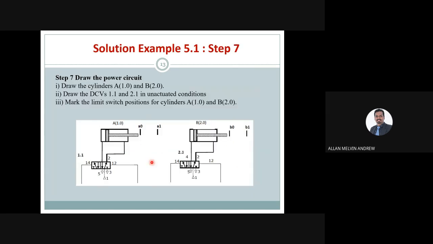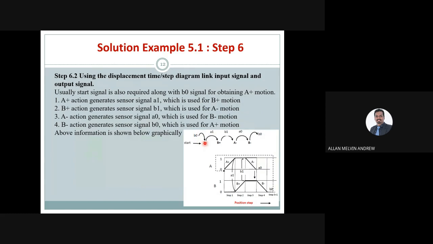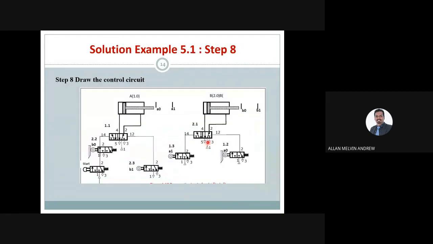So go back to your motion diagram tadi. So if you want cylinder A to start extend, one of the conditions adalah B0 kena on. Okay, so B0 dekat sini. So meaning macam sequence tadi, cylinder B dah retract balik, so baru on B0. So this is one main condition.